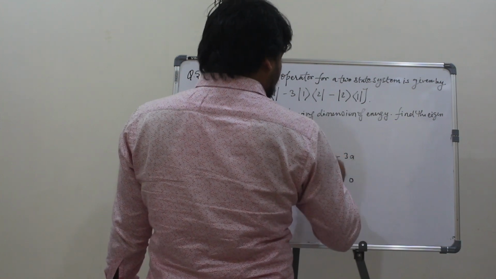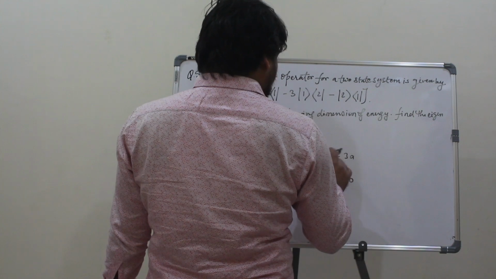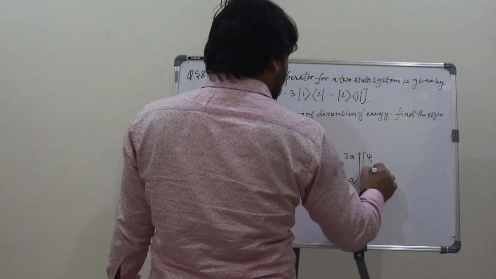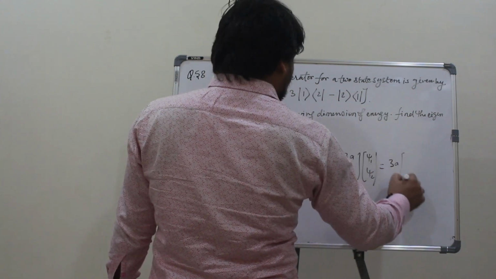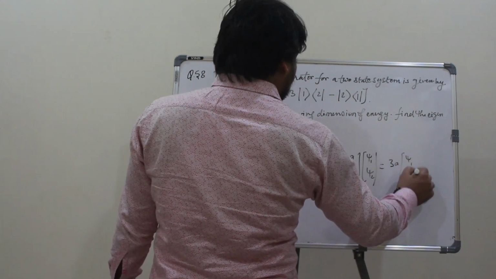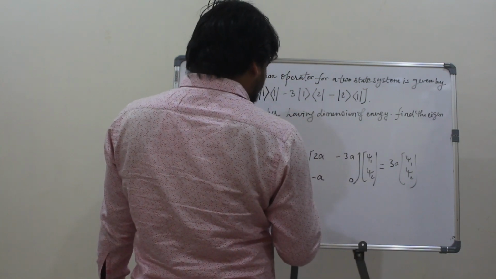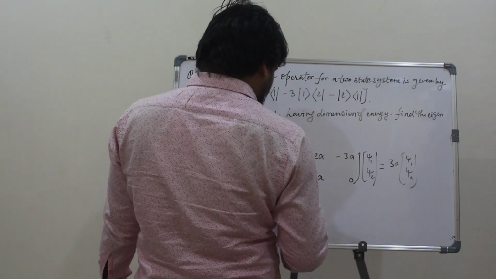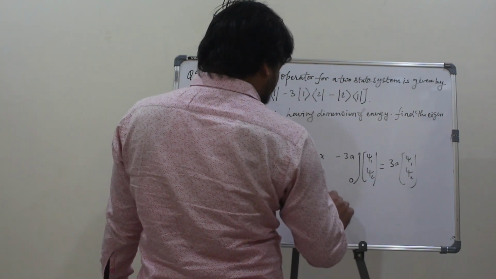Psi 1, psi 2 means lambda times, which is 3a, psi 1, psi 2. Let's simplify it. It gives you 2a minus 3a, minus a, minus a, minus 3a, times psi 1, psi 2 is 0.